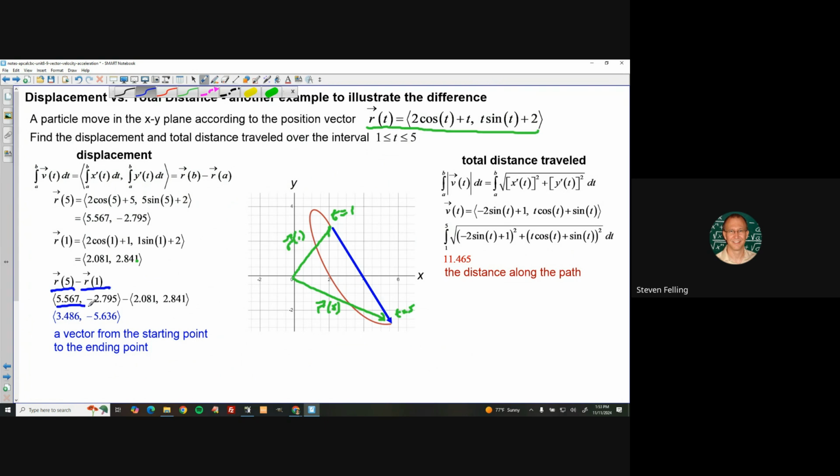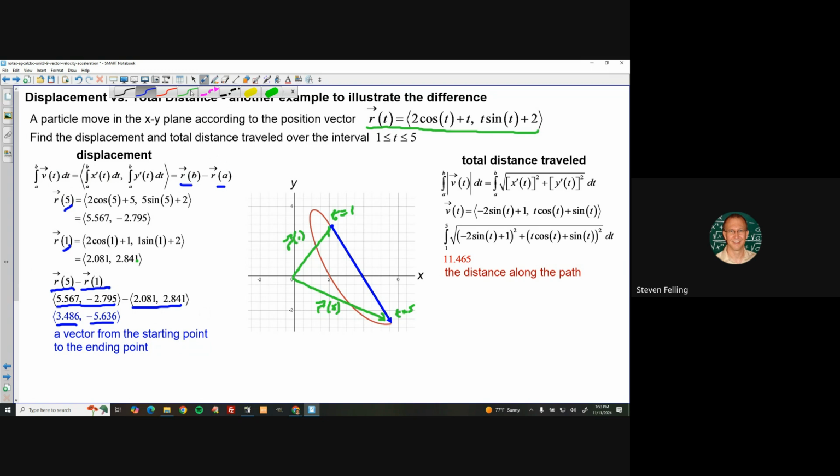So if you take that vector minus this vector, you get 3.486, negative 5.636, which means from the starting position, over the whole trip, you end up being displaced 3.486 to the right and 5.636 down. That's this blue vector here. So that blue vector is the result of doing a displacement calculation. You don't do any antiderivative, you simply plug in the starting and ending values into the positions and take the difference between the two position vectors.